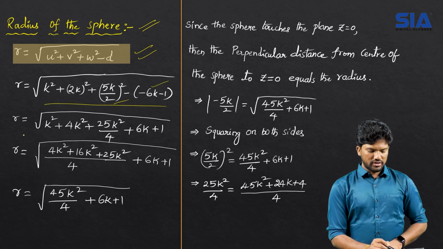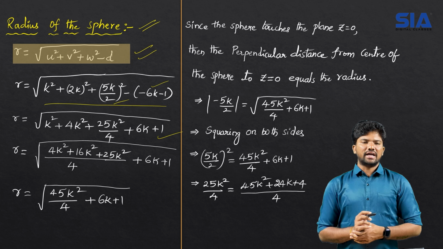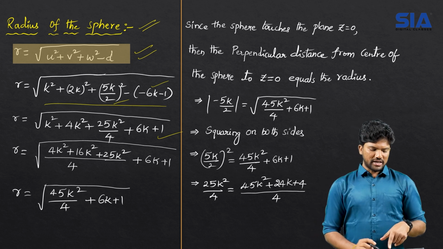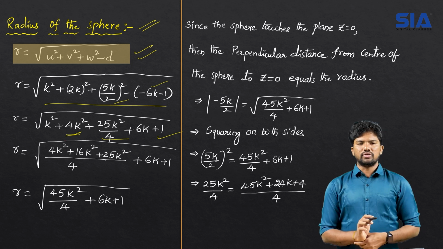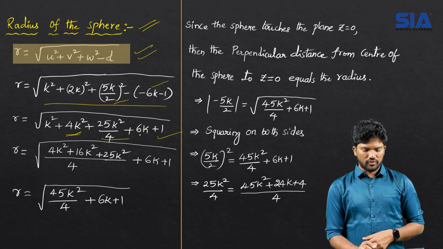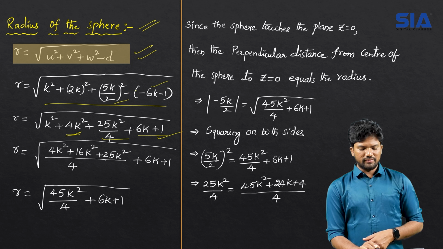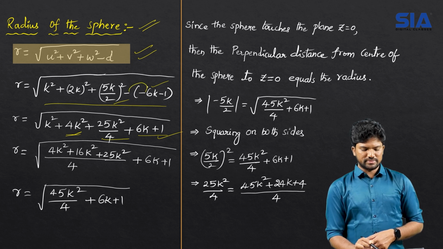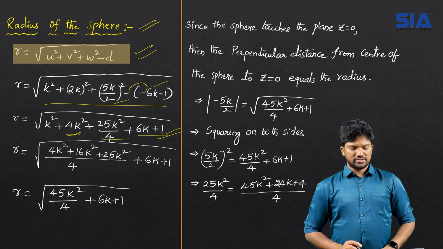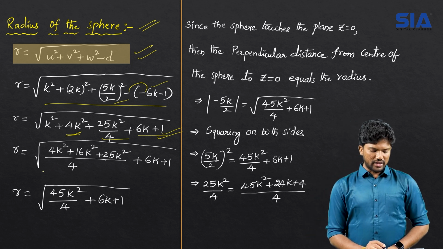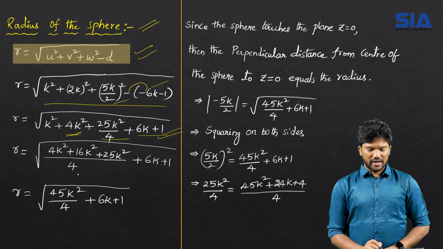Okay, so therefore simplify the values. R is equal to k square plus 2k whole square value is 4k square, 5k by 2 whole square is 25k square by 4, plus, multiply minus into minus, plus 6k, minus into minus, plus 1. So therefore again simplify under root the value. So take 4 as LCM.